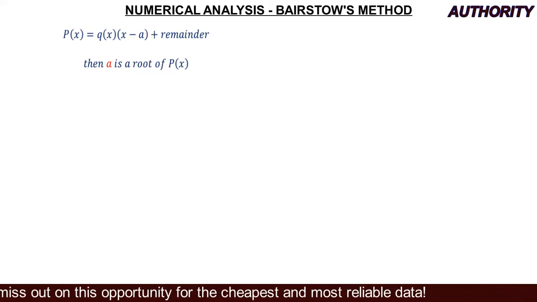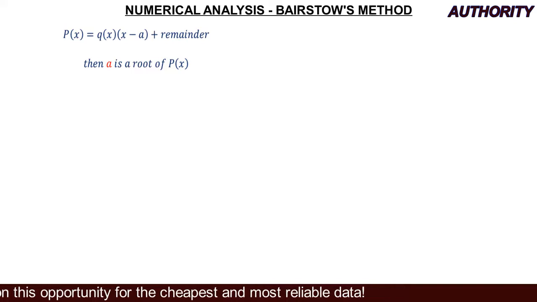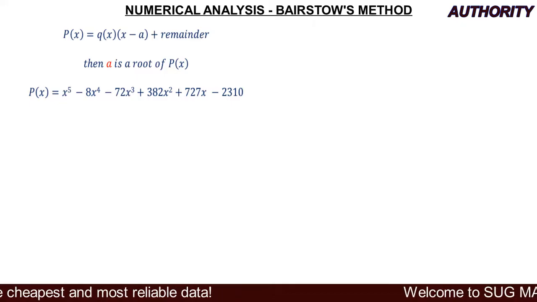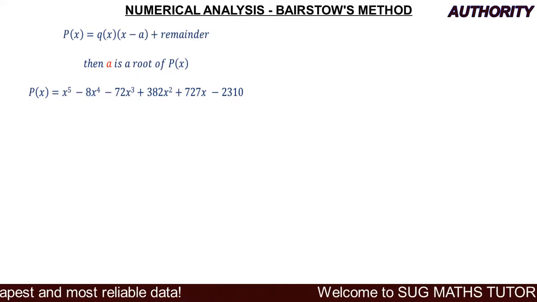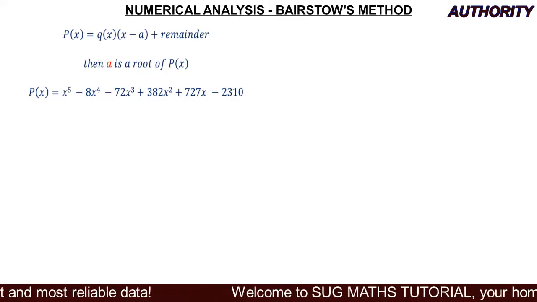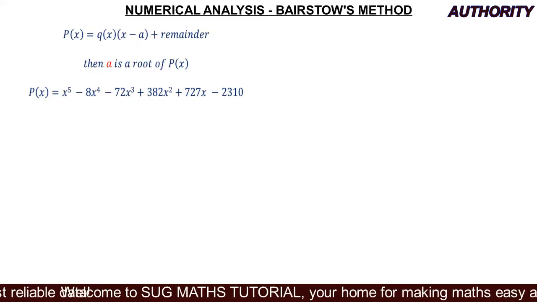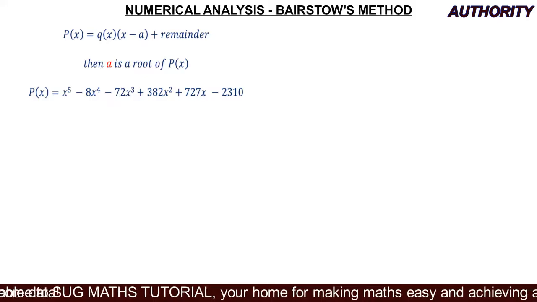Now look at this. Let me use an instance to explain. For instance, let's say we have a polynomial p of x of degree 5 like this: x raised to the power 5 minus 8x raised to the power 4 minus 72x cubed plus 382x squared plus 727x minus 2310.